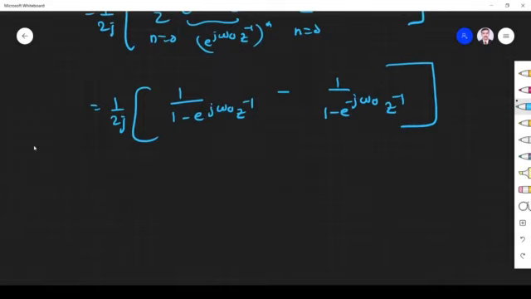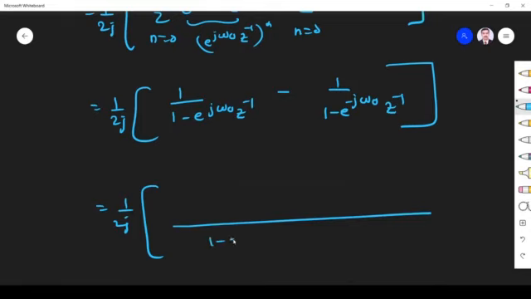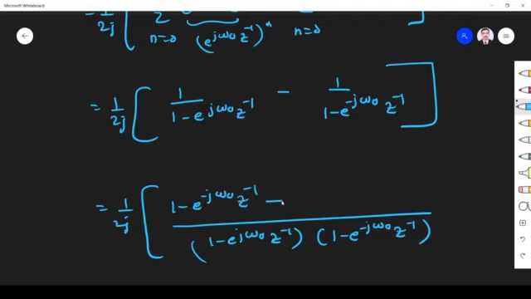So that is the aⁿ formula. Simplify it: 1 by 2j, take the LCM, so 1 minus e^(jω₀) z^(-1) and 1 minus e^(-jω₀) z^(-1). So cross multiply. So 1 minus e^(-jω₀) z^(-1) minus 1 minus e^(jω₀) z^(-1).